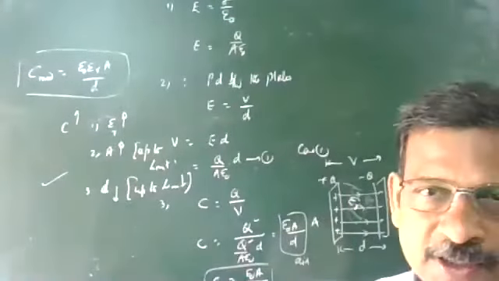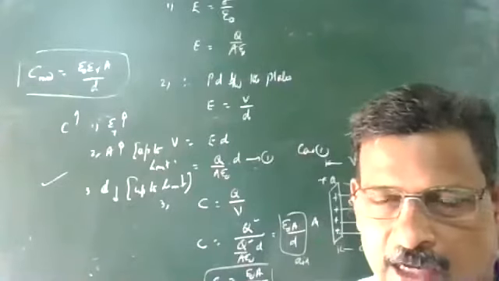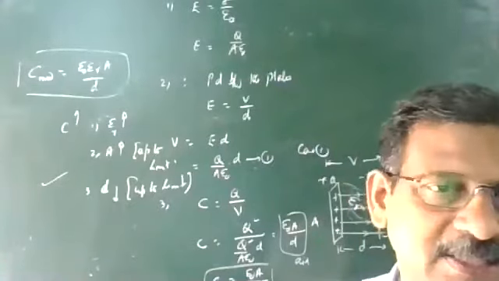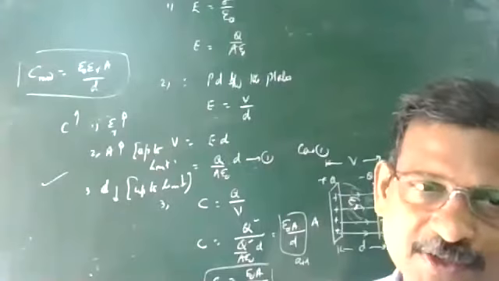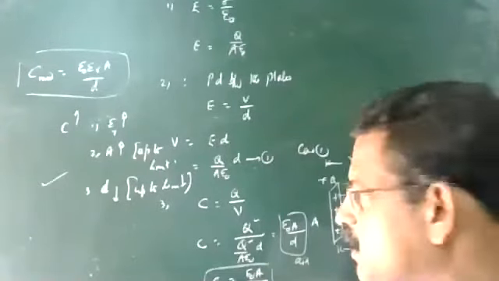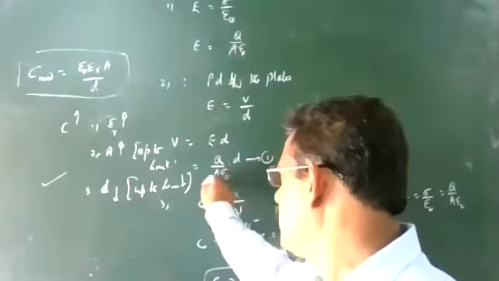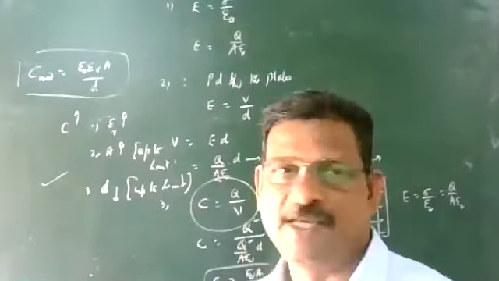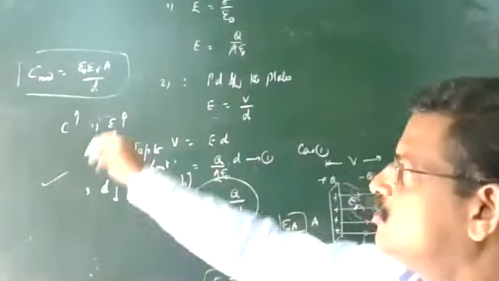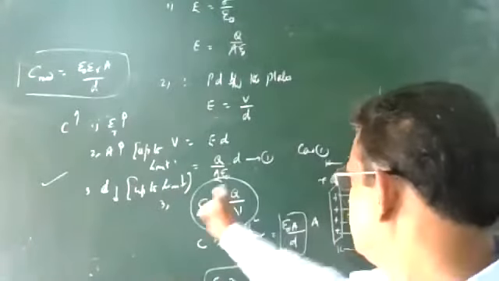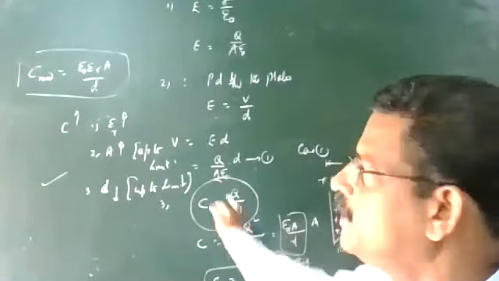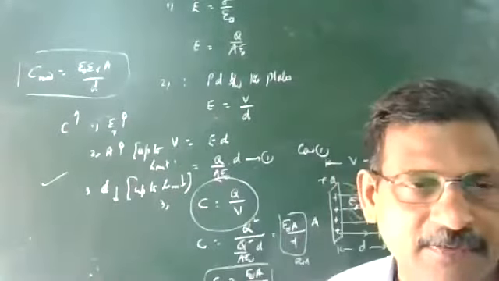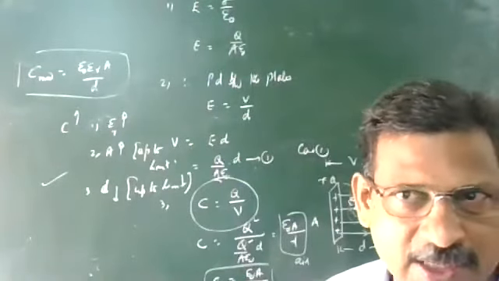We have introduced the term capacitance, so what is its unit? The equation is C equal to Q by V, and for a parallel capacitor we obtained the equation in an air medium, and also in a medium. So what is the SI unit of capacitance?